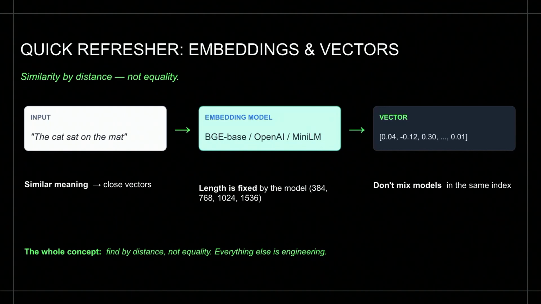And the third thing is you don't mix models in the same index. If you have half of the database embedded with BGE base and the rest embedded with OpenAI, you can't mix that, because basically it's going to be garbage. You can't search within that. So the whole concept is you're going to find by distance, not by equality. Everything else in this talk is engineering.